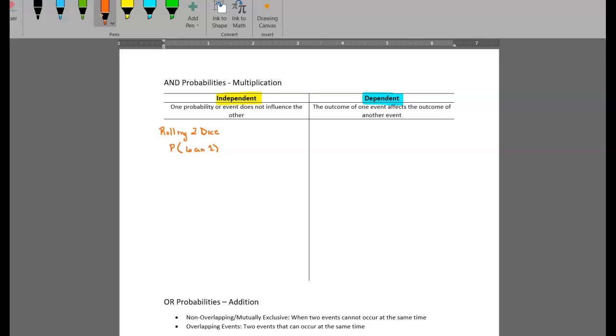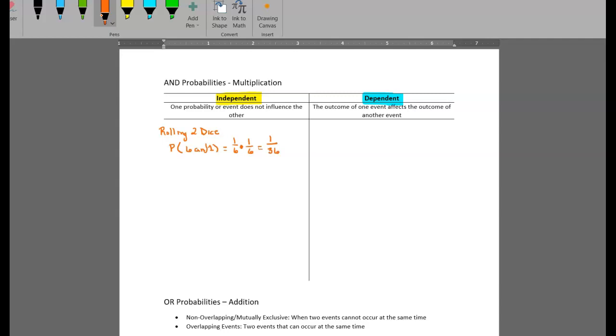When we roll a 6, we have 1 out of 6 opportunities. When we roll a 1, we have also 1 out of 6 opportunities. And remember, we're going to talk about multiplication here. So we multiply these together, top times top, 1 times 1, bottom times bottom, denominator times denominator, so we get 1 out of 36 opportunities.